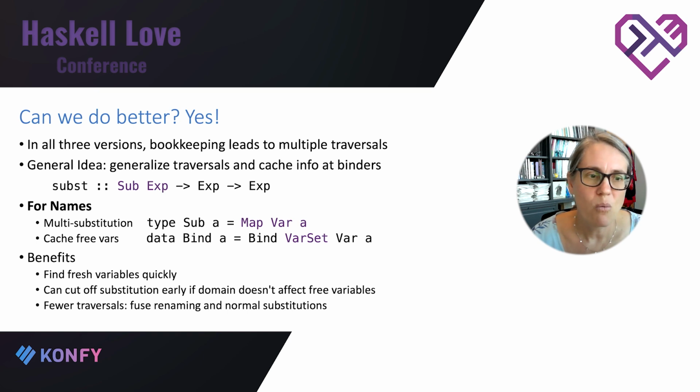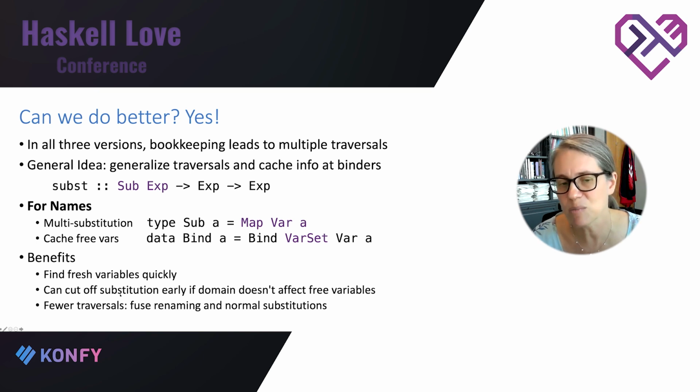Right, and so what does this do? By just making these two changes, grouping substitutions together so that we can do multiple ones at the same time, and caching the free variable information, we can speed up our computation of fresh variables because we don't have to keep recomputing it whenever we need it.